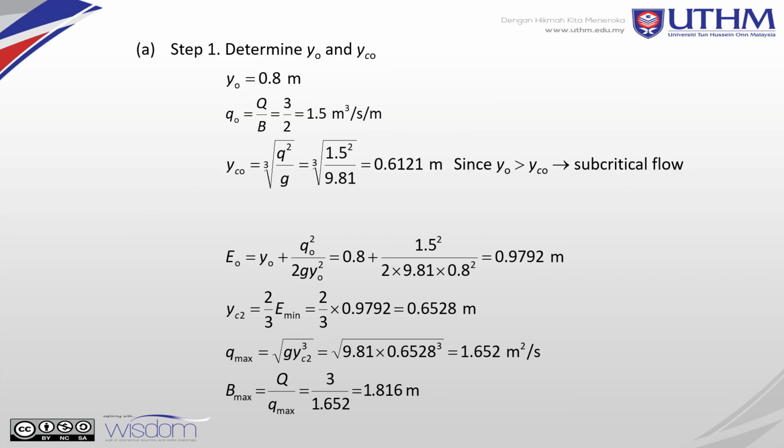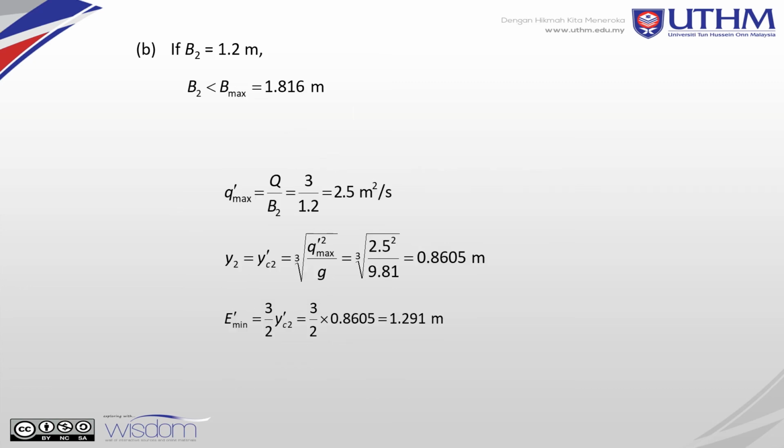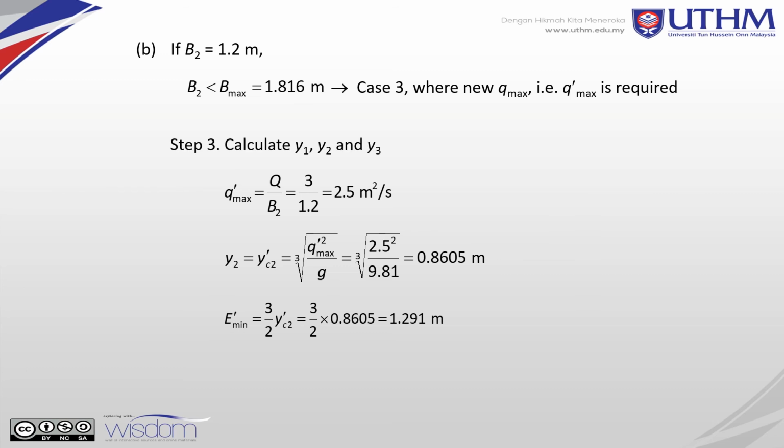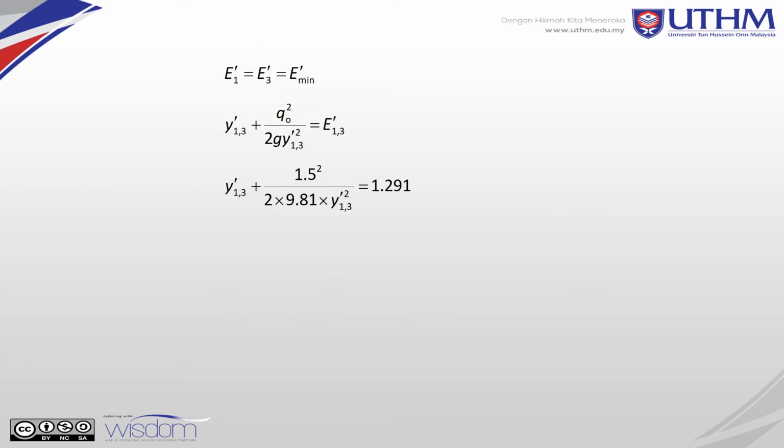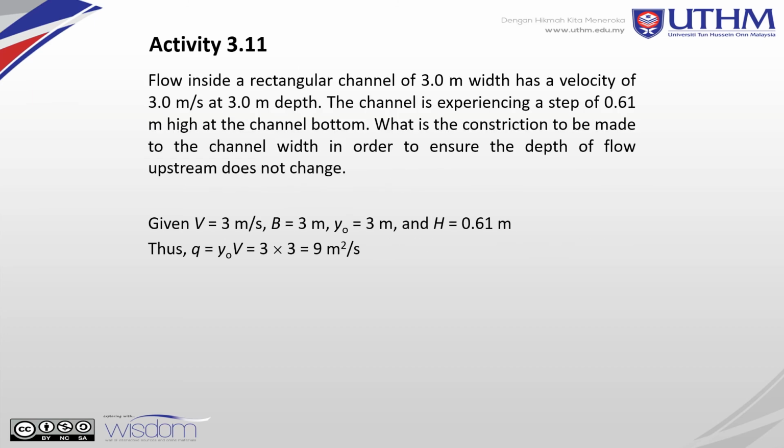First, find Y0 and YC0. Step 2, calculate YC and Bmax. You get the value here. Step 3, calculate Y1, Y2 and Y3. Lastly, you get Y1 and Y3 using trial and error.